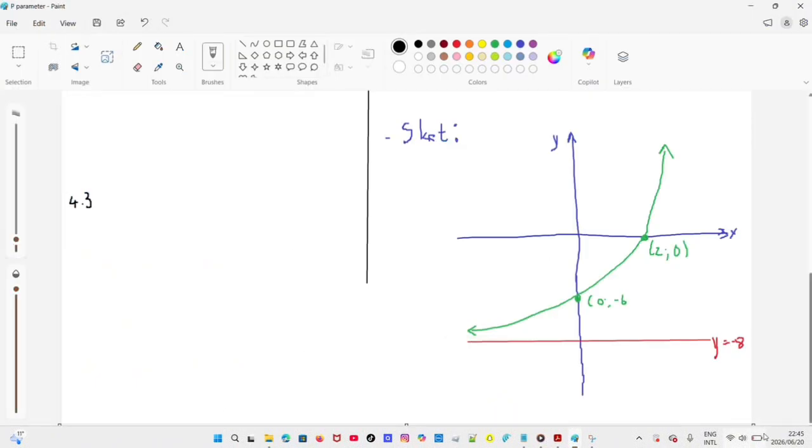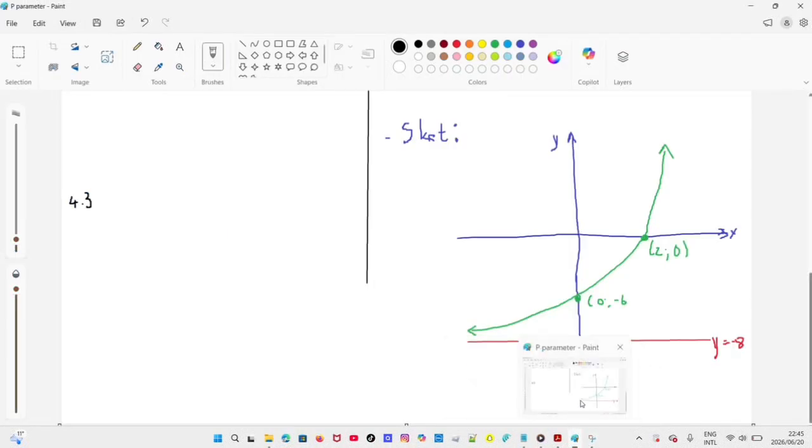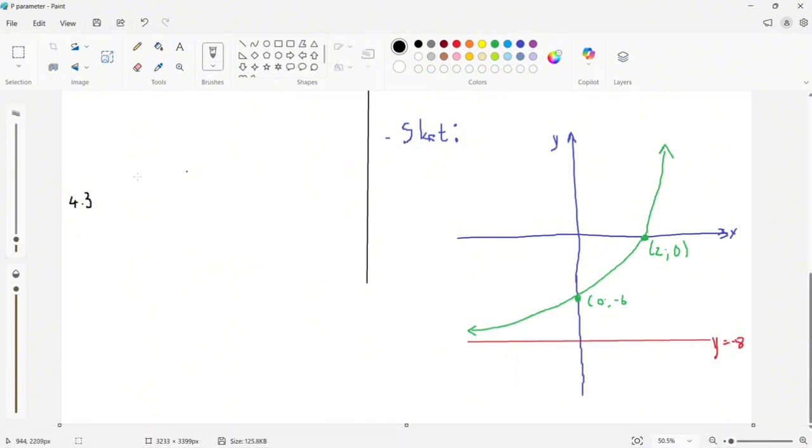Because it talks about reflecting. I think we have to reflect our graph. Okay, the graph of G is obtained by reflecting the graph in the y-axis, right? Well, that's very easy. They say this graph has to be reflected about the y-axis. So what is the equation of that? That's very easy.